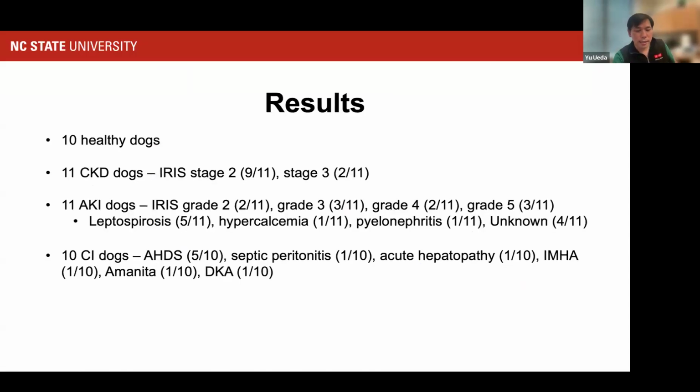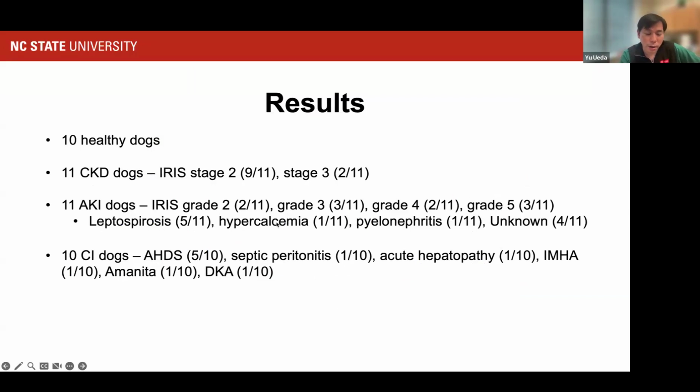As a result, they had 10 healthy dogs, 11 CKD dogs, 11 AKI dogs, and 10 critically ill dogs. The 11 CKD dogs included 9 stage 2 and 2 stage 3 dogs. There were 2 grade 2 AKI dogs, 3 grade 3, 2 grade 4, and 3 grade 5 AKI dogs.